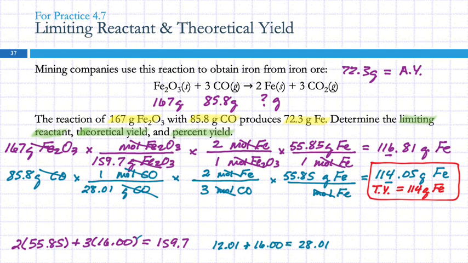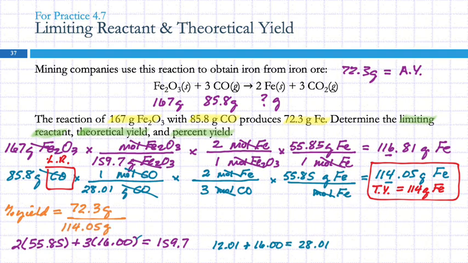What's the limiting reactant? This is the theoretical yield. The starting one is what got all used up. That's my limiting reactant. And then I'm supposed to calculate the percent yield. So this is the actual yield, which is this guy up here, 72.3 grams, divided by the theoretical.